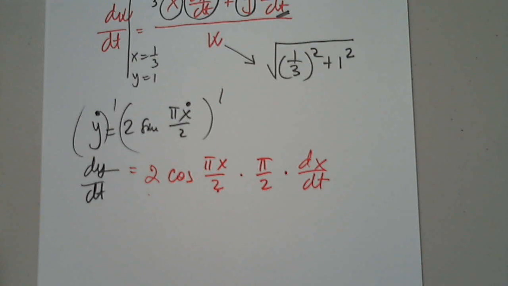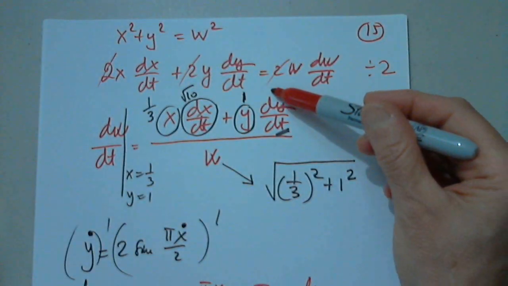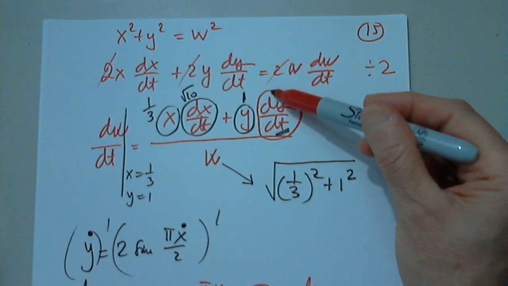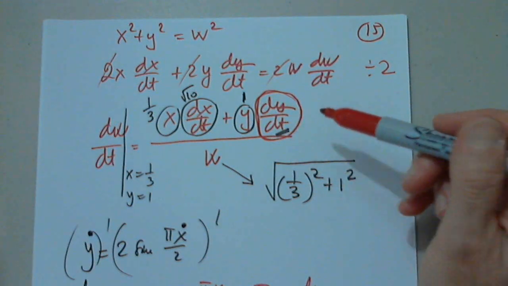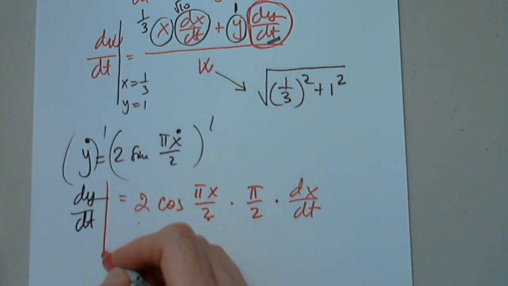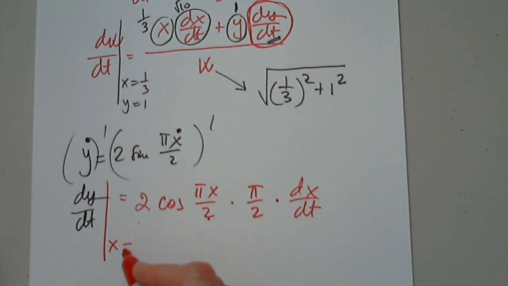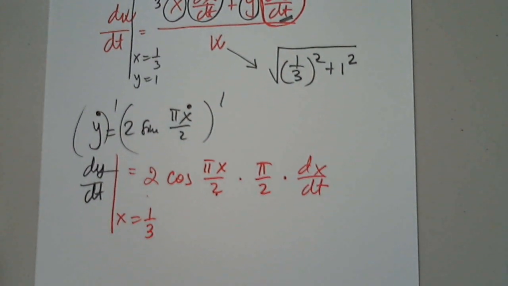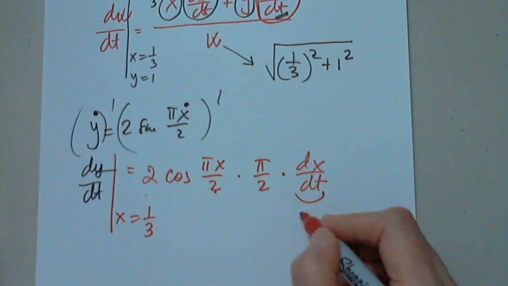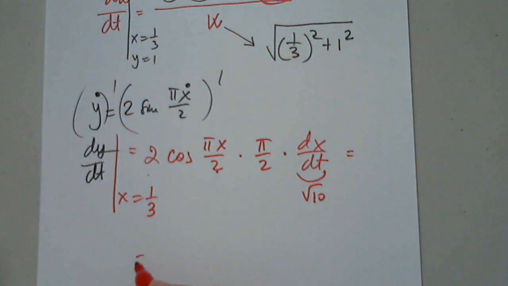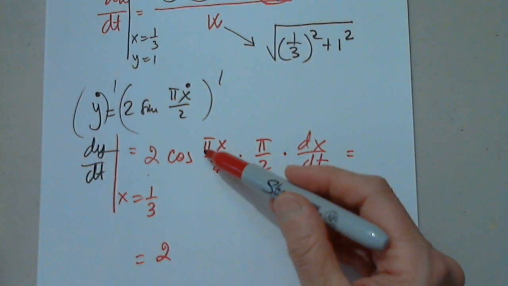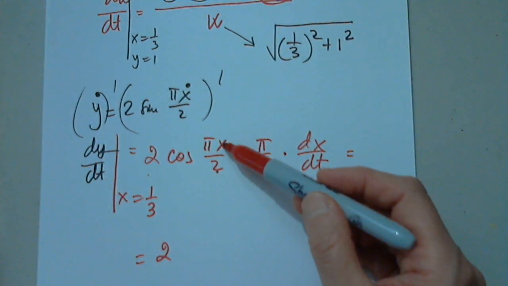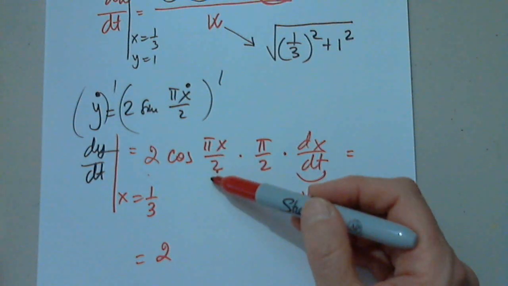So in order to put this, this is what we are after, and everything else is there, right? So in order to determine this, I will have to say that when x is 1/3, and dx over dt is the square root of 10. So 2 pi over 2 times 1 over 3 is pi over 6.